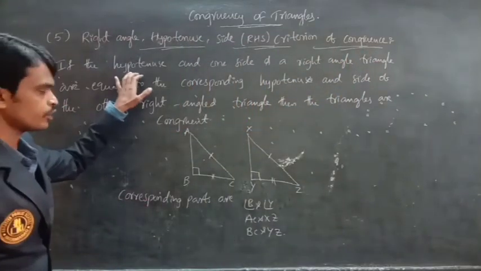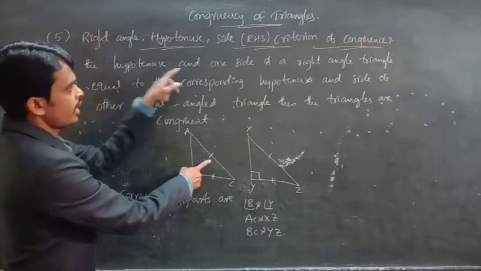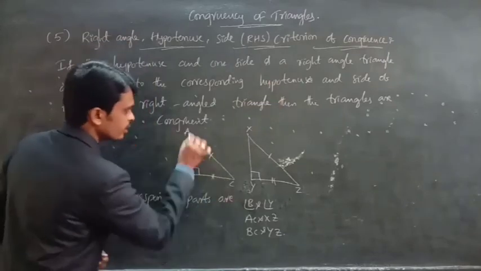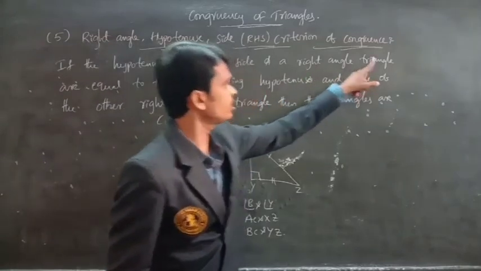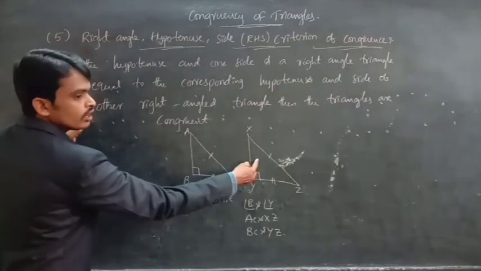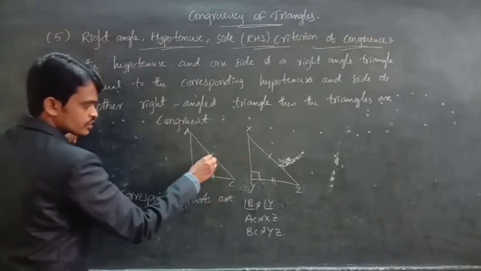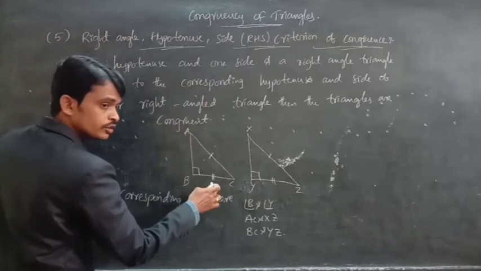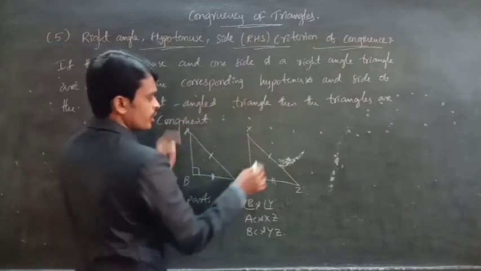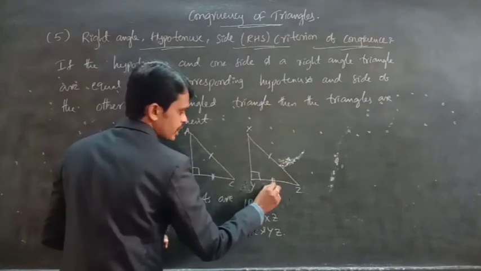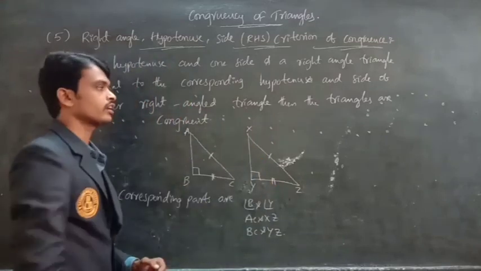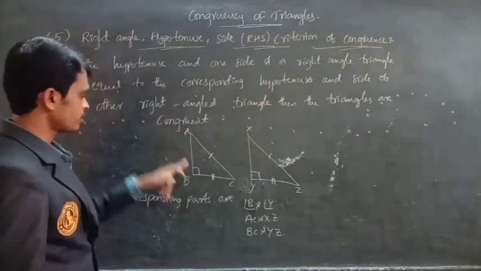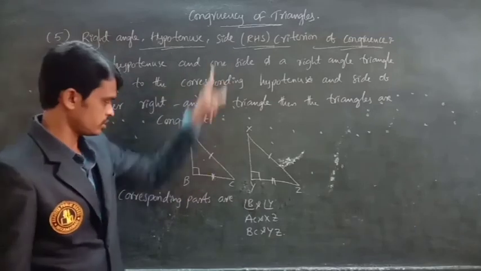Here, if the hypotenuse and one side of a right angle triangle are equal to the corresponding hypotenuse and side of another right angle triangle, then the triangles are congruent according to right angle hypotenuse side.